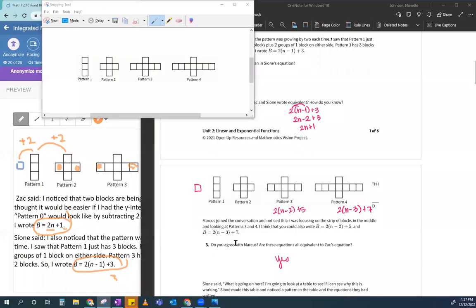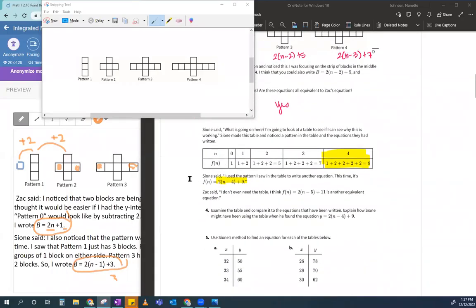Okay, so we're going to slow this down just a little bit, just so that we're all on the same page. We need to break this equation down to make sure that we understand where everything came from. So where does this 2 come from? Does anybody see a 2 that they want to talk about? What is the 2 called?